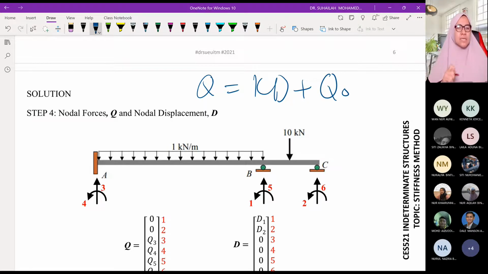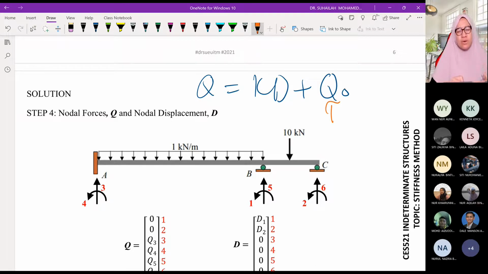There may be slight differences from your notes, but this is the easiest. We separate between nodal forces Q and Q naught, which is called the equivalent nodal forces.